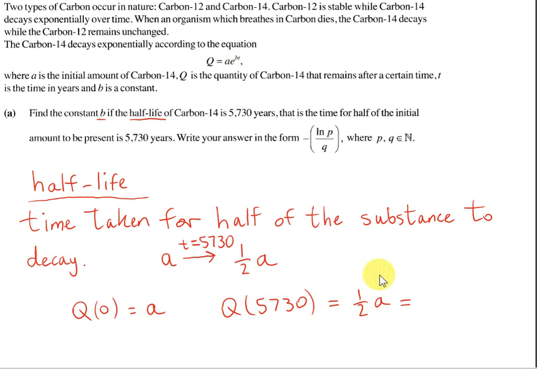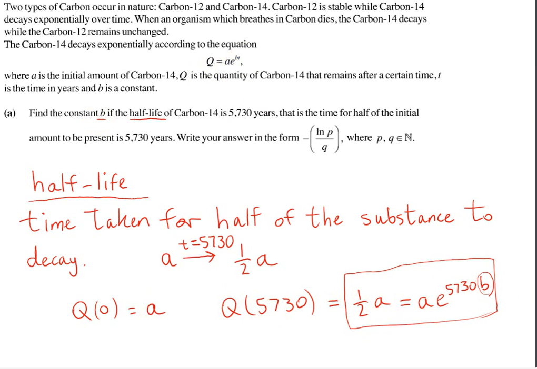We just plug 5730 in for t in this formula. So it's going to be A e to the power of b times 5,730, or we can write it like this, 5,730 times b. So here we have this equation, which we can solve to find out what b is.